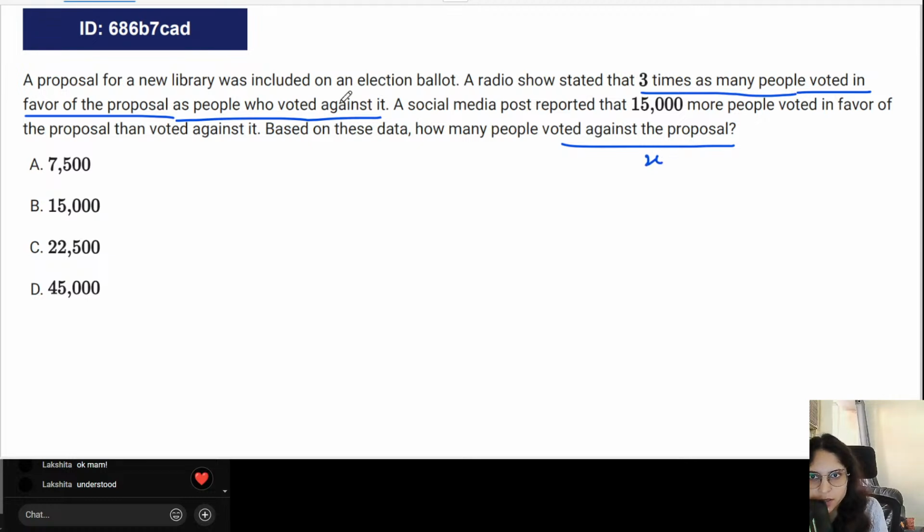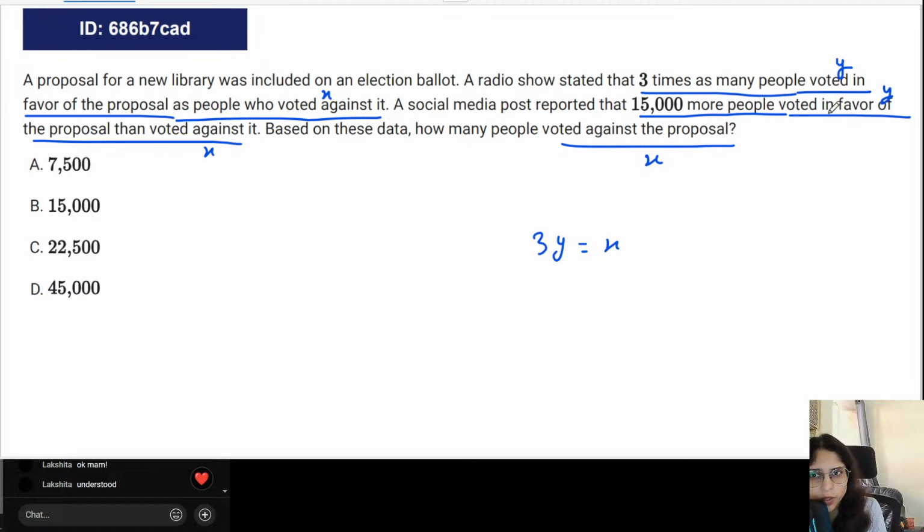So let's call against X, so favor will become Y. A social media post reported that 15,000 more people voted in favor of the proposal than voted against it. This is X, this is Y. Now first it is saying 3 times as many people voted in favor as who voted against it. So 3 times Y is equal to X.